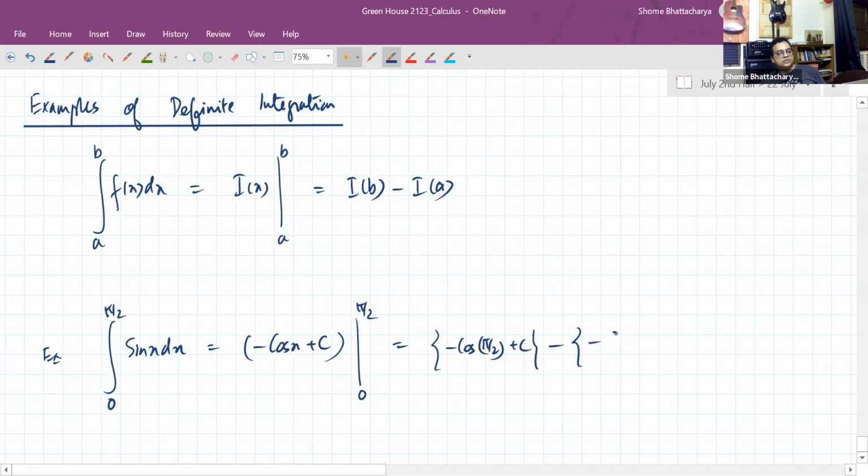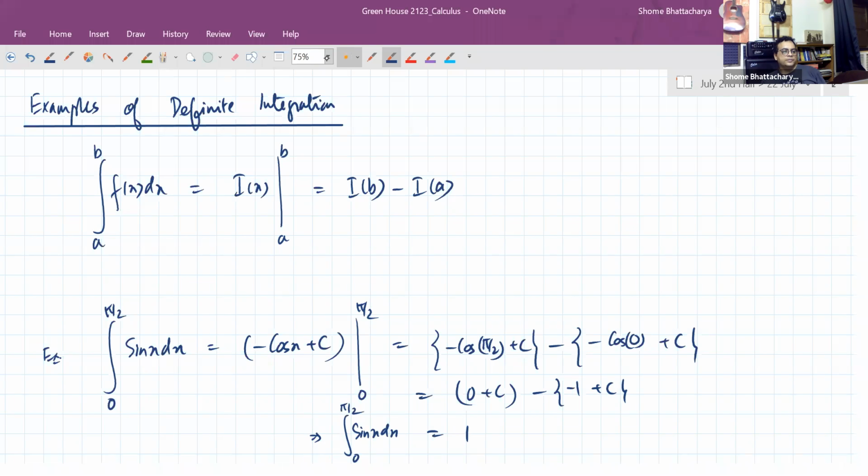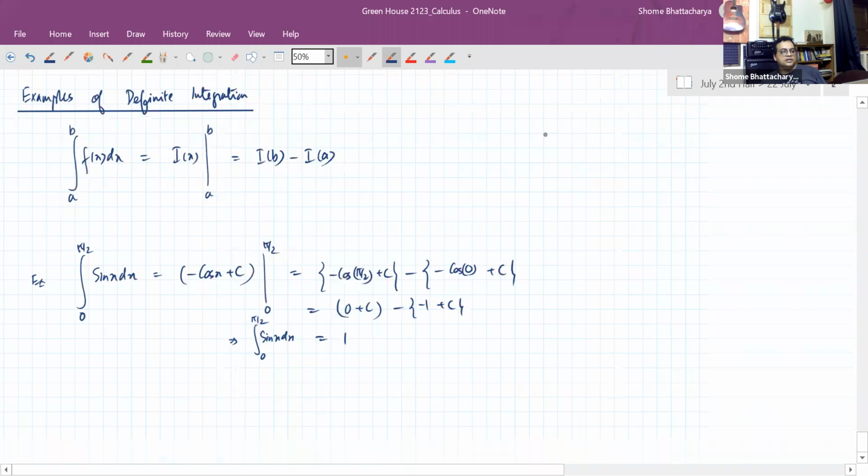Minus of minus cos 0. So cos pi by 2 is 0. Cos 0 is 1. So as you can see, you get 1. So the value of this definite integration of sin x from 0 to pi by 2 comes out to be 1. And we had also seen the geometrical meaning of this.